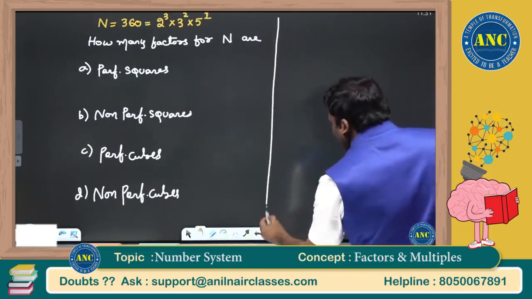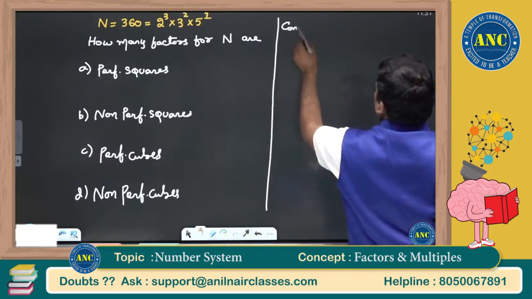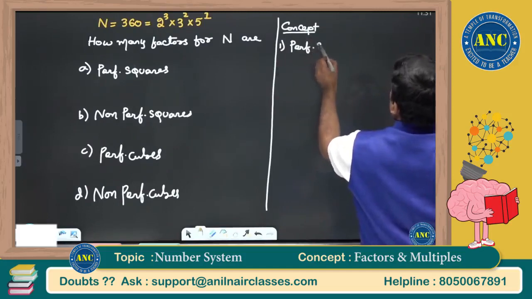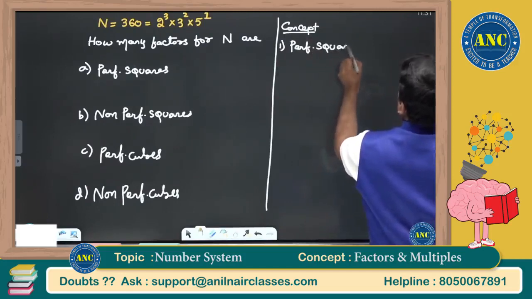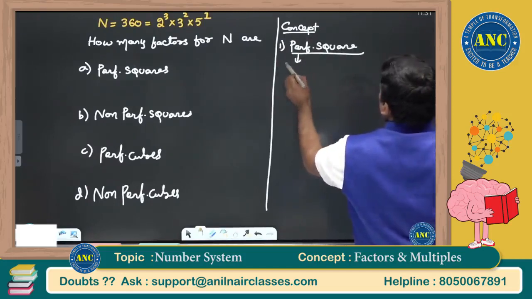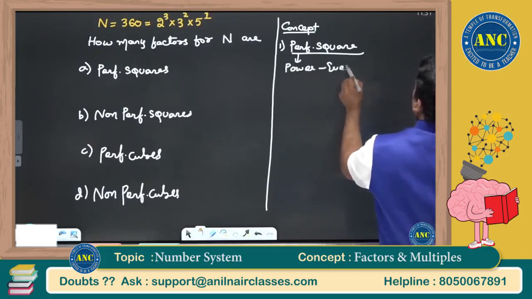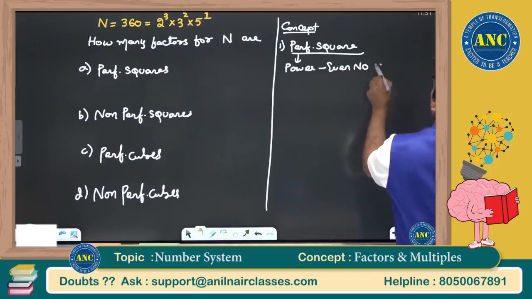First, we will write the concept here. First concept, a perfect square. What is the definition of a perfect square? Power will be an even number and 0.